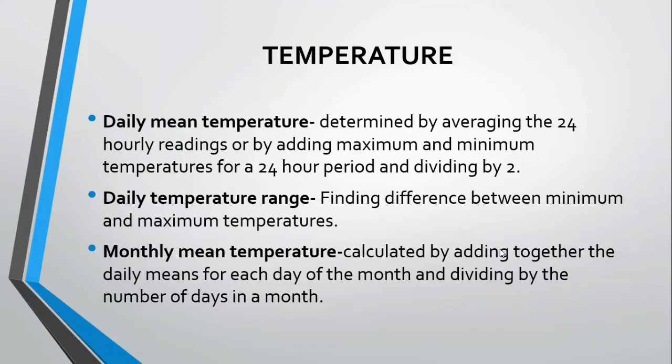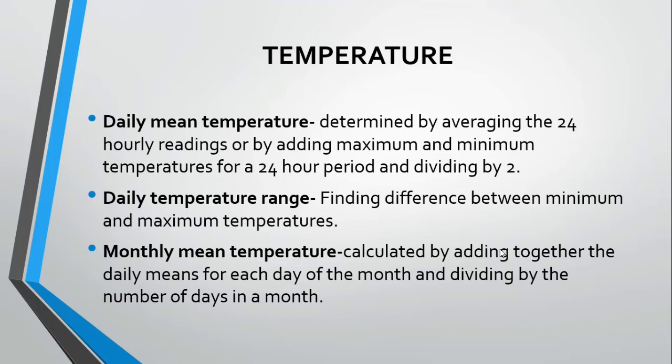Okay, now let us discuss the following terms. We have the daily mean temperature, the daily temperature range, and then the monthly mean temperature. Daily mean temperature is determined by averaging the 24 hourly readings or by adding maximum and minimum temperatures for a 24-hour period and dividing it by 2. For example, at 7 o'clock you have a temperature reading, at 8 o'clock you note the temperature reading again, at 9 o'clock, so 24 hours.